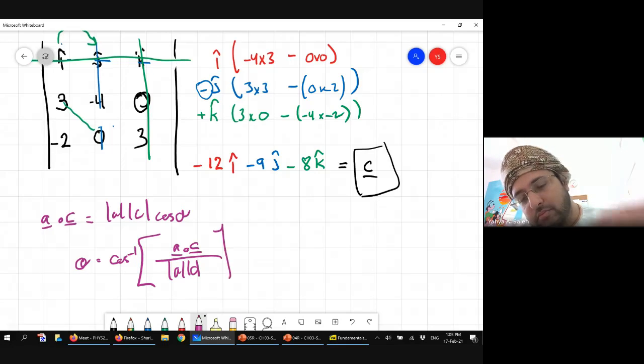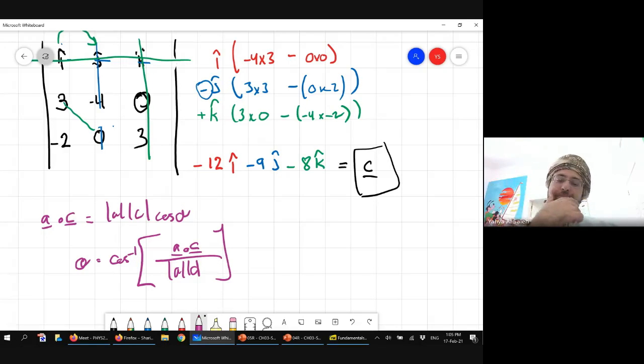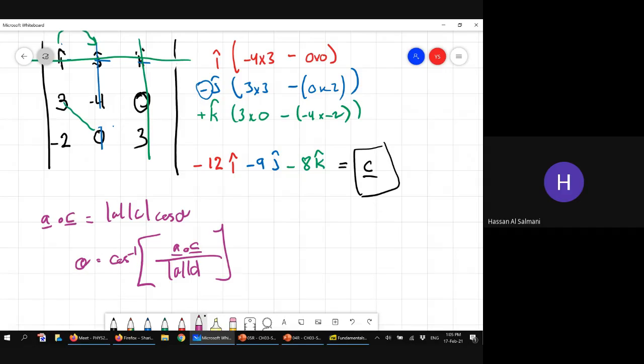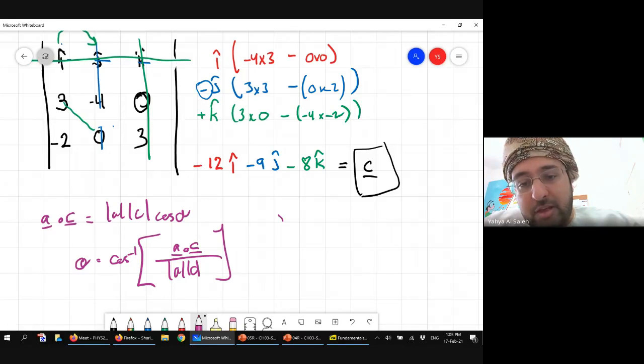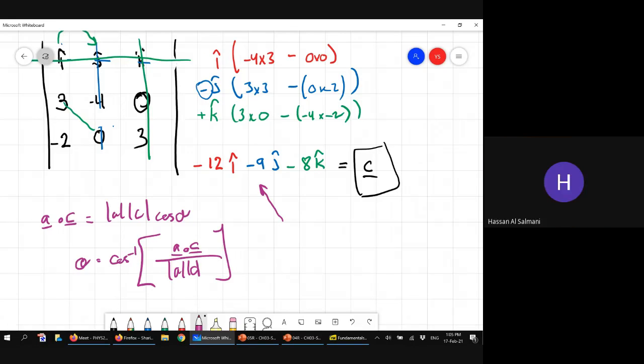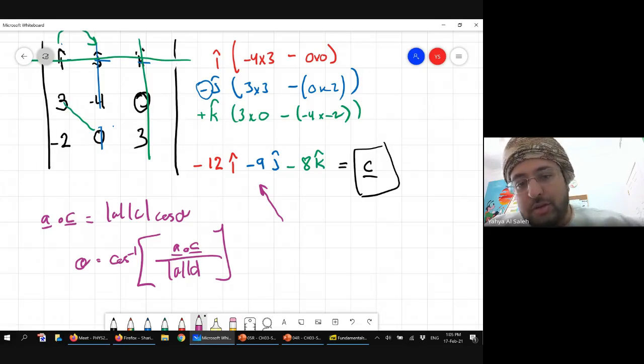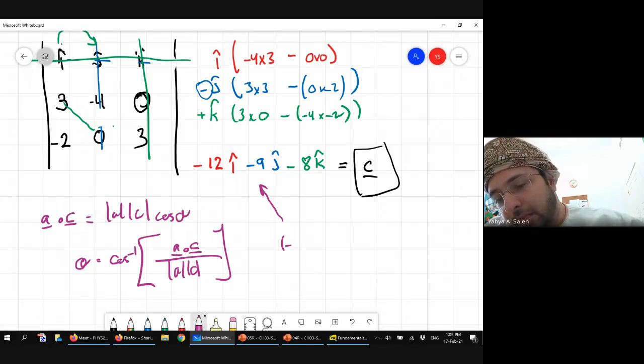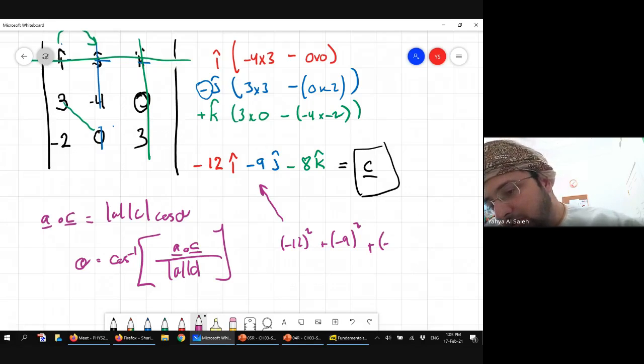When we try to find the magnitude, we just ignore k, right? No, you take it. If you want to find the magnitude of C, what you need to do is take minus 12 squared plus minus 9 squared plus minus 8 squared, all square rooted.